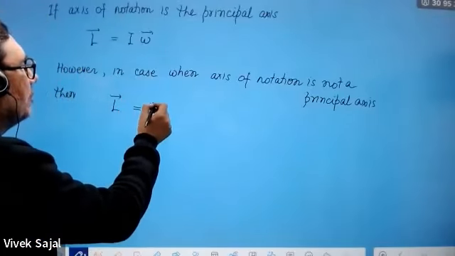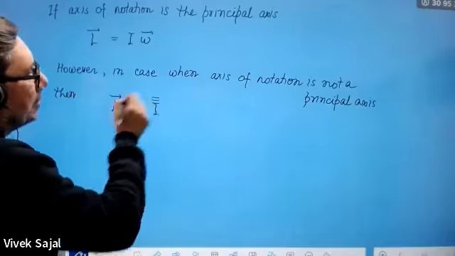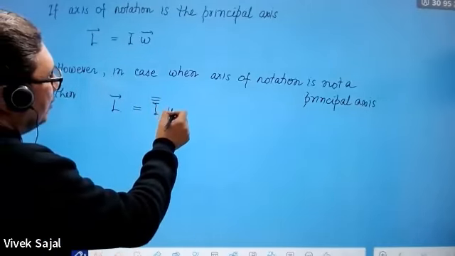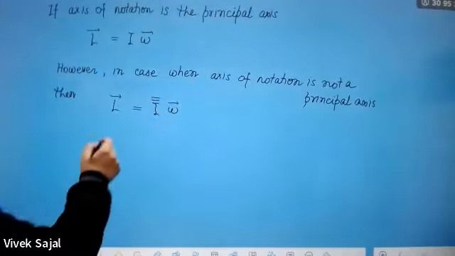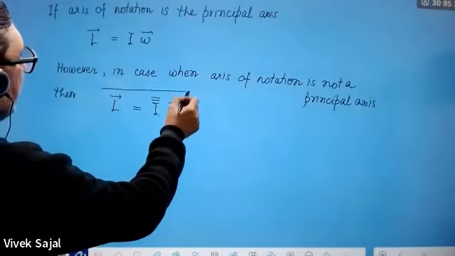In that case, this will be the tensor here and that will be omega. You can write like this. So this will be in this way.